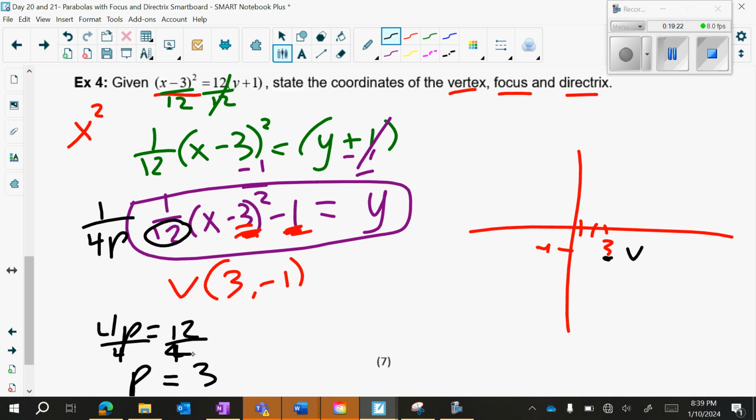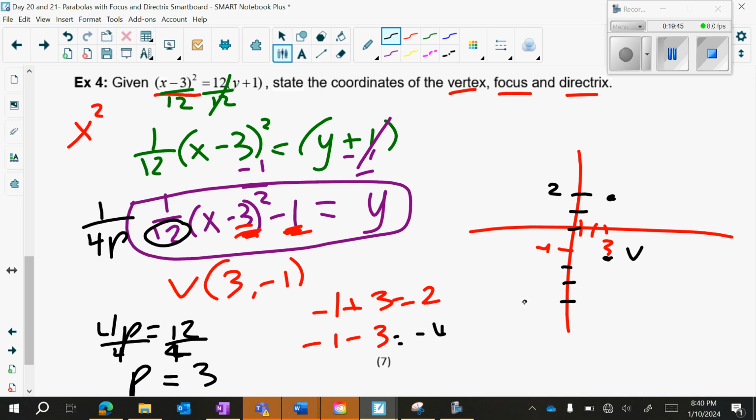So I'm going to go up 3 and down 3, because I know x is squared. I'm going to go up 3 from -1, -1 plus 3, and -1 minus 3. -1 plus 3 is 2, so I'm going to go 1, 2, 3. I'm going to hit 2. And then I'm going to go down 3. -1 minus 3 is -4.